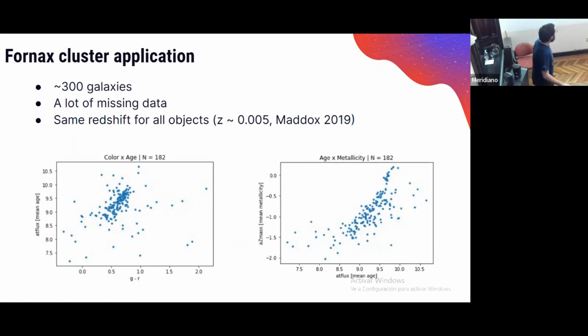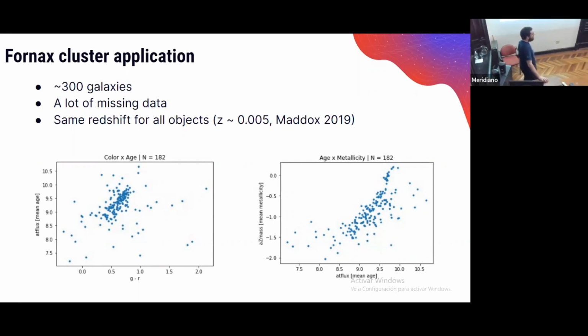Yes. I don't know, but looking at S+ data, we see that I think 80% of the galaxies with missing data are concentrated between just having only 1 or 2 bands missing. So I don't think there is a limit.